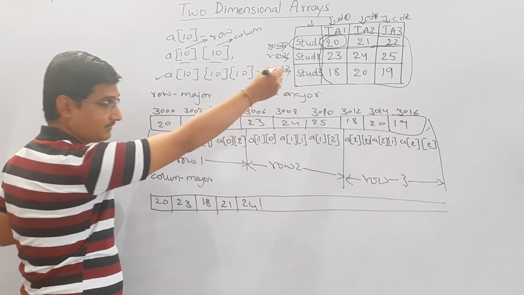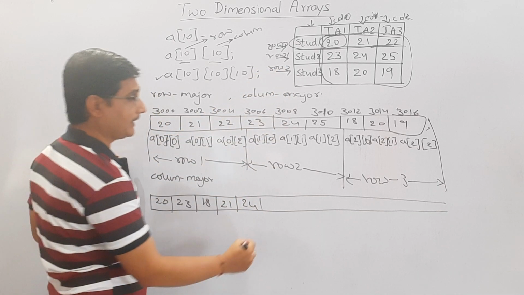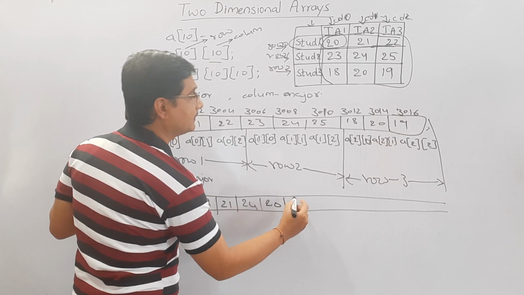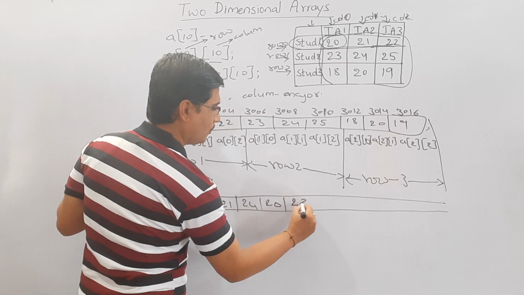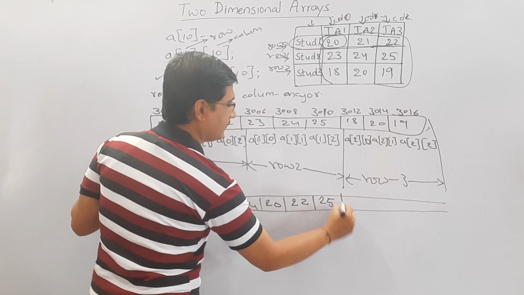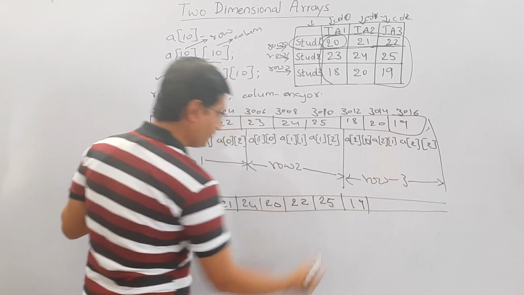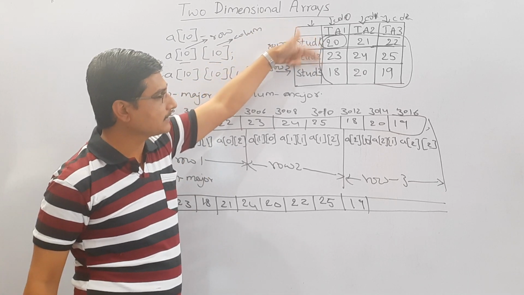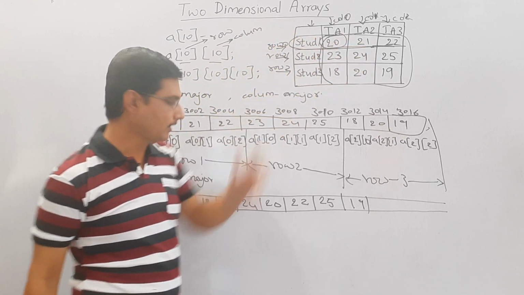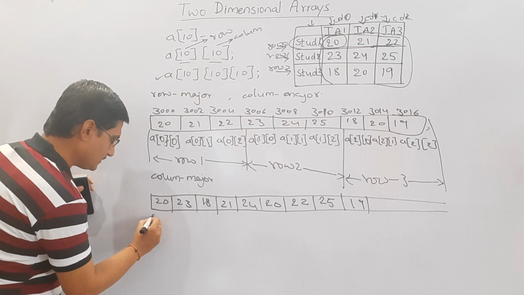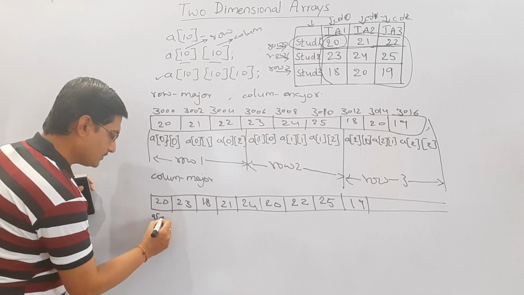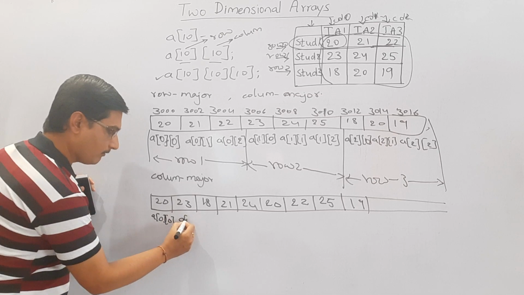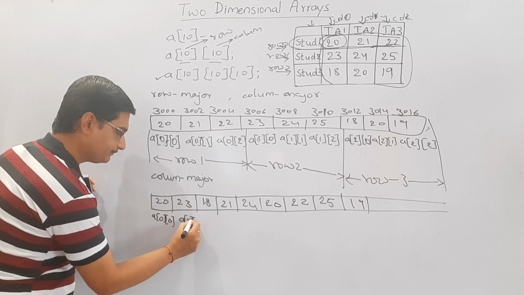I am writing this for the same table I created initially. Then 20, 22, 25, 19, meaning it will take the first column, then the next column, then the next column. So this is again A of 0, 0. This is A of 1, 0.